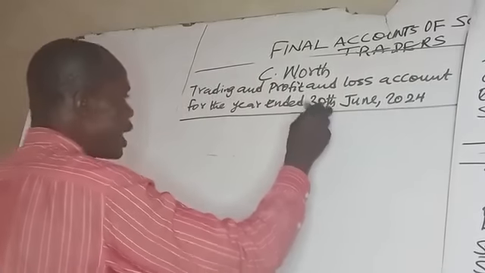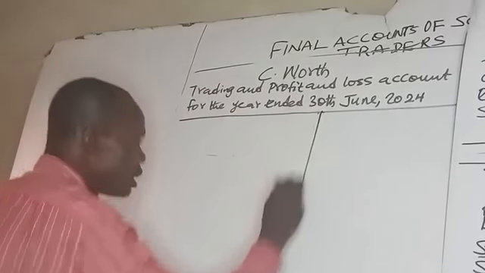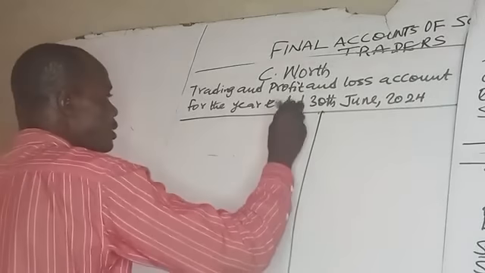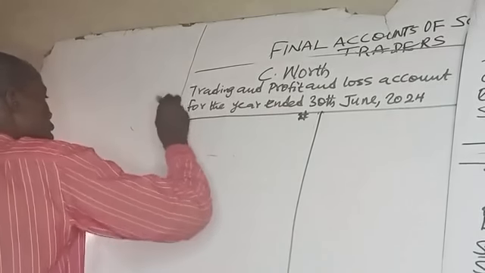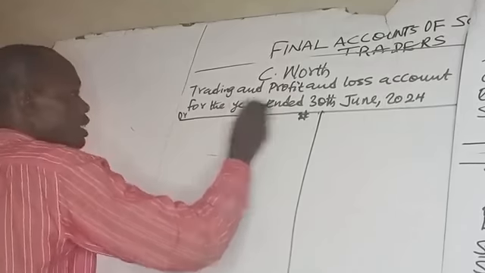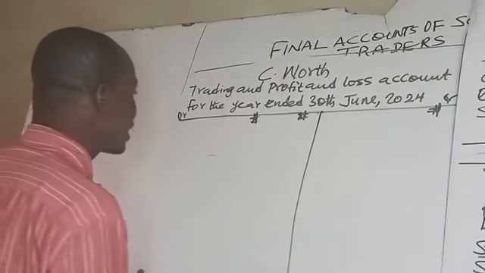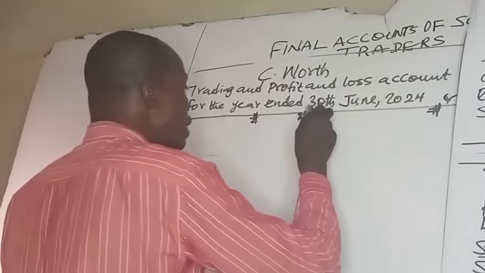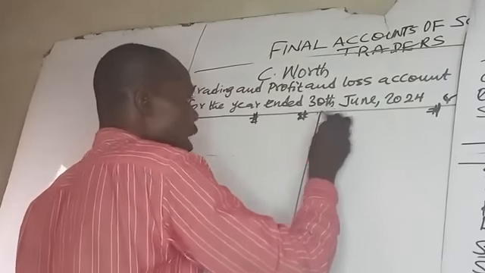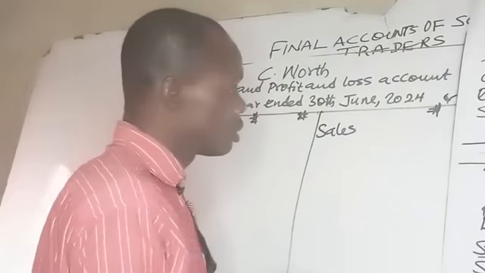So you have two sides, the left hand side and the right hand side, the credit side. I've told you that at the right hand side we are going to have sales. How much is our sales?